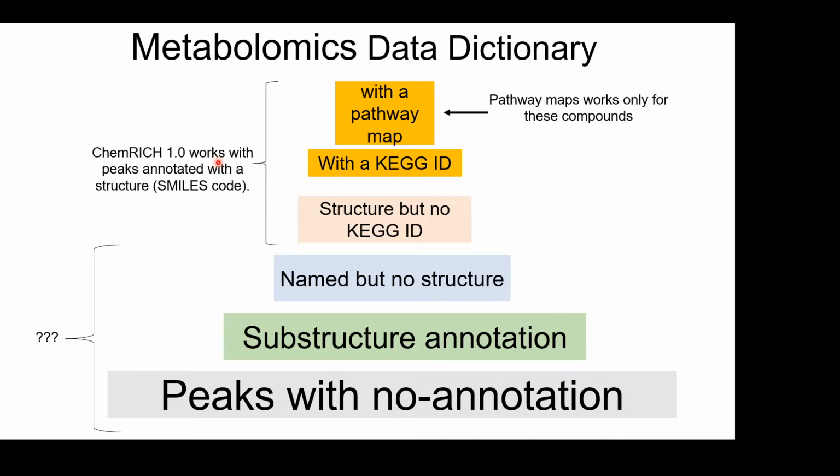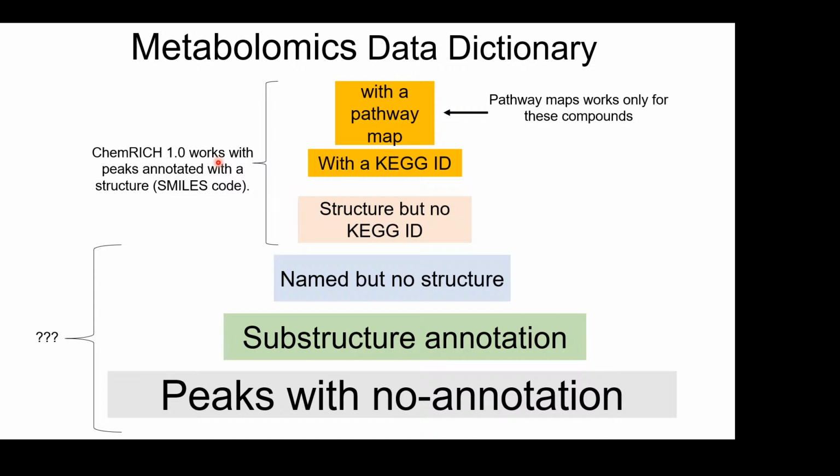We only know m/z and retention time, but we don't know the substructure or the class or other IDs for these majority of peaks. Then we have substructure annotation based on mass spectra, where we take a mass spectrum and compute a substructure based on the fragmentation pattern, but we only know a substructure, not the exact structure.